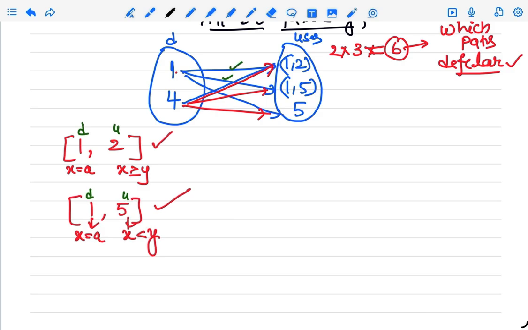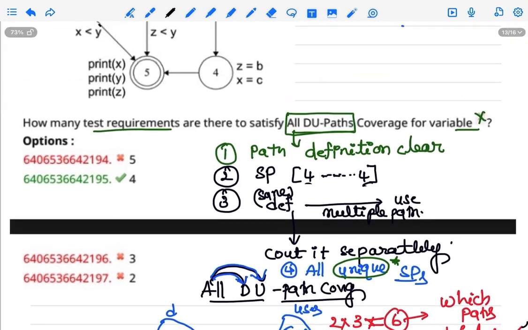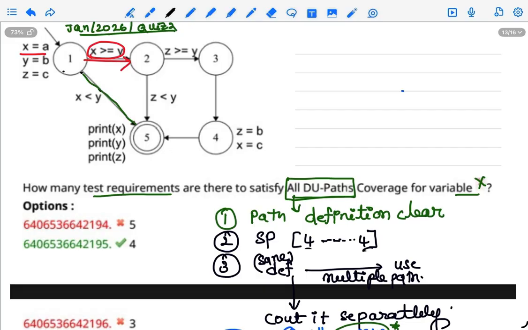Next, 1, 5 is already used among the unique simple paths. Is there any other way to reach this use?